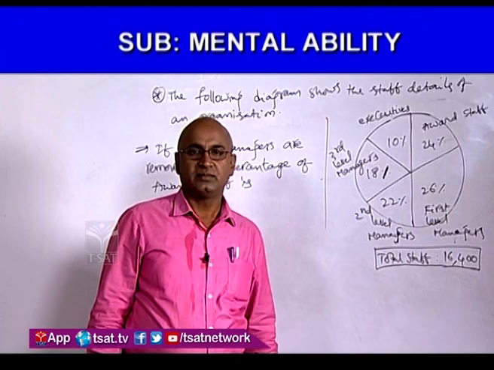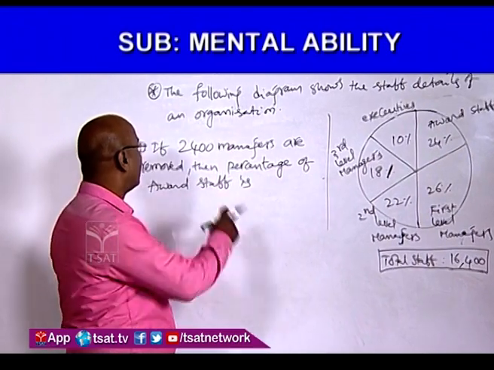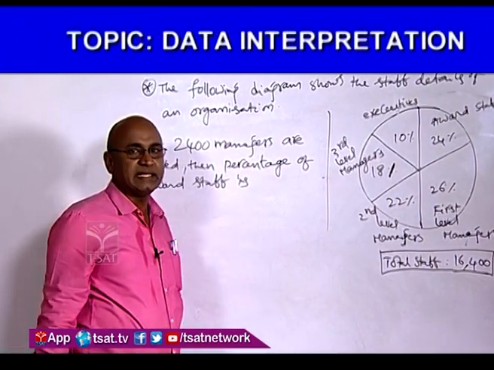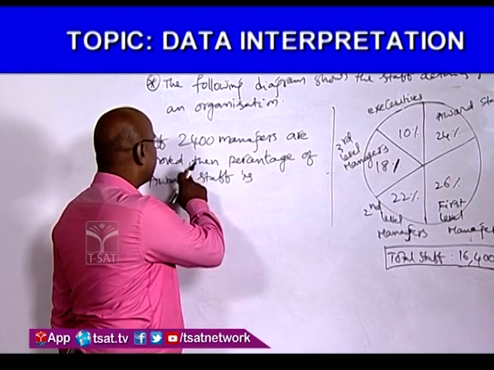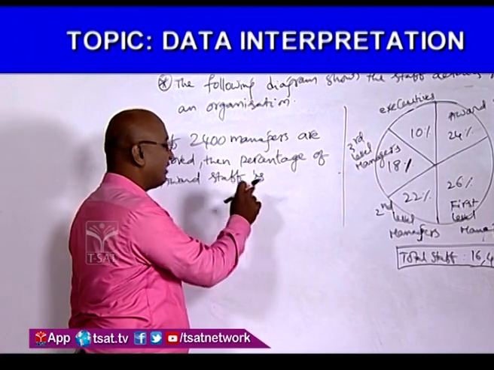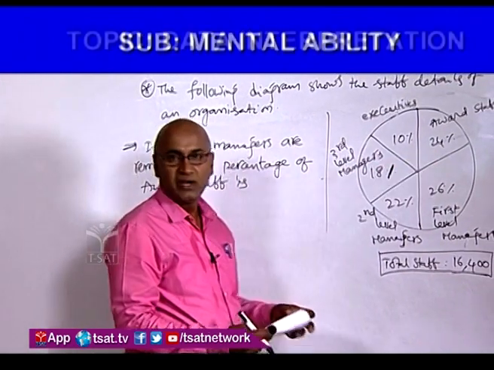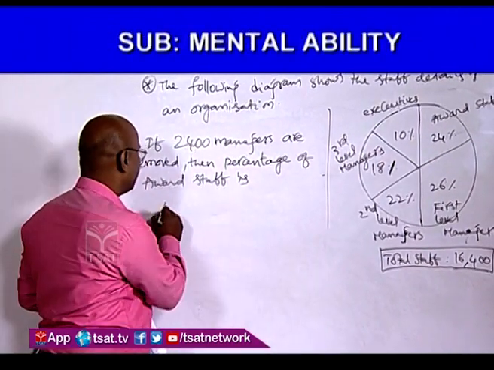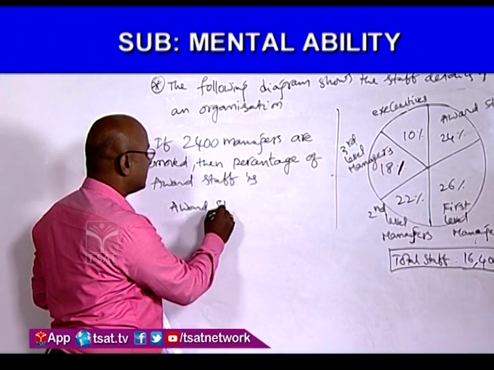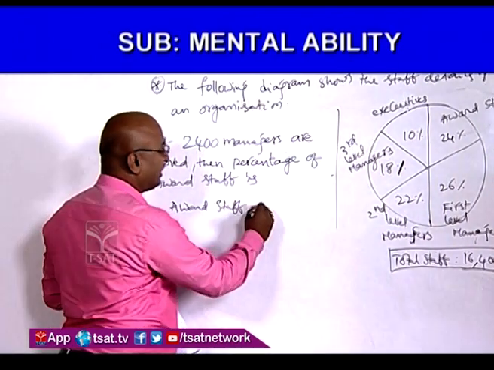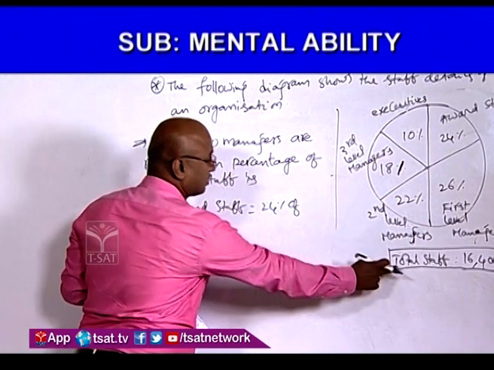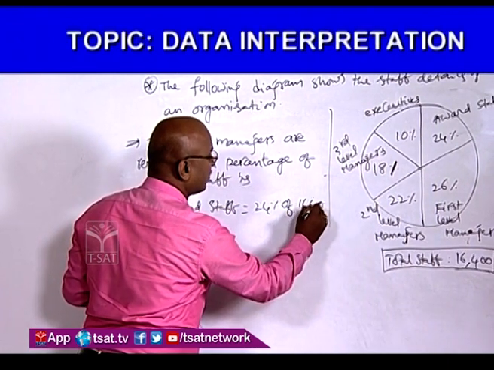The next problem is as follows. If 2,400 managers are removed, then what is the percentage of the award staff? What is the award staff? It is 24%. First we will find out the number of award staff, which is 24% of the total staff, that is 16,400.